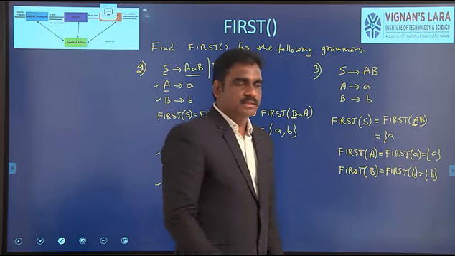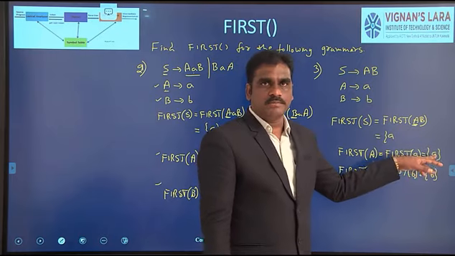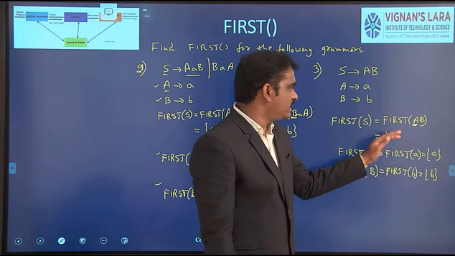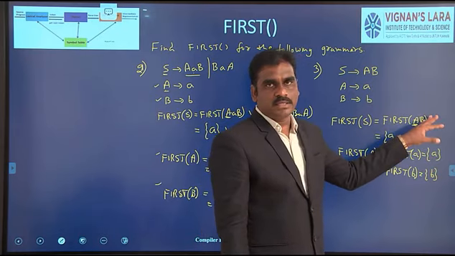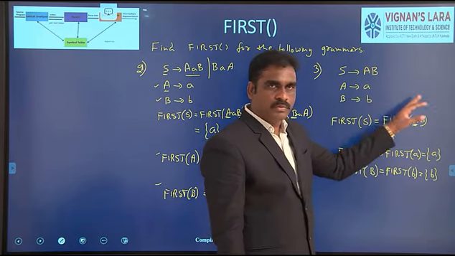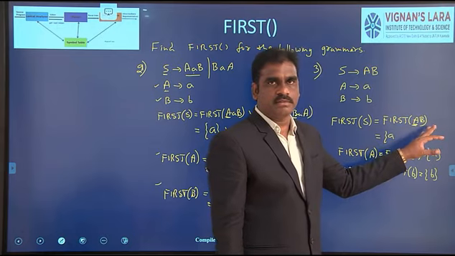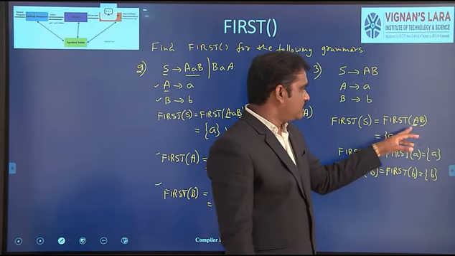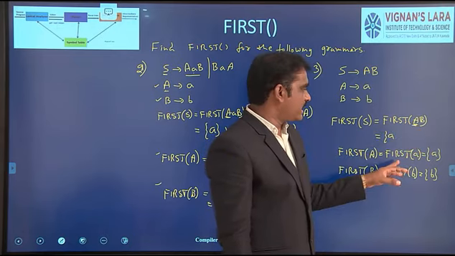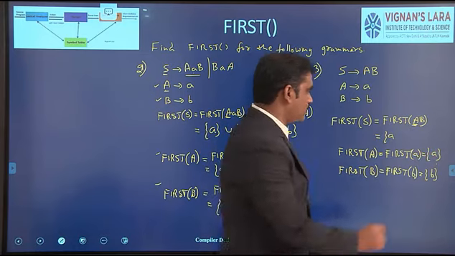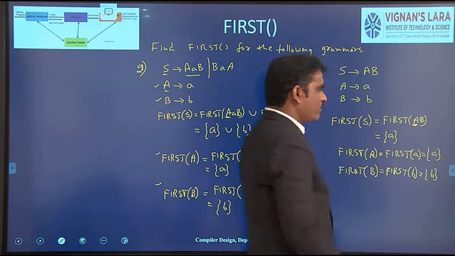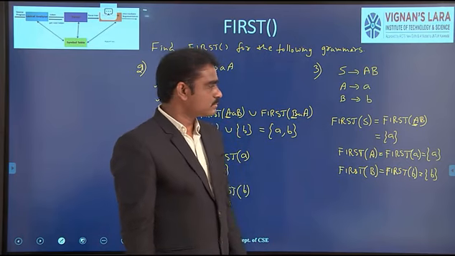The first of A does not contain any epsilon symbol. That's why, in this case, there is no need to consider the second symbol. Even though we have two consecutive non-terminal symbols, we need not consider the second symbol because first of A does not contain epsilon. So the answer is a only.